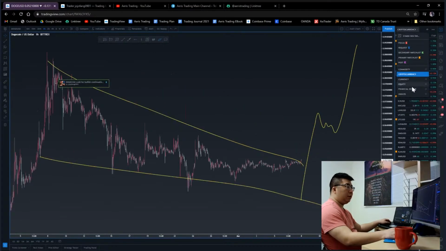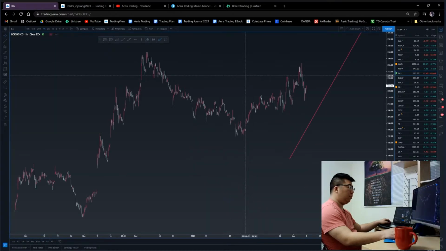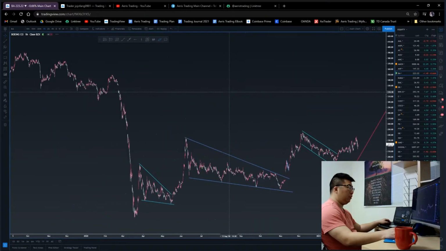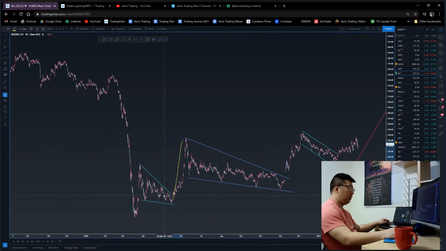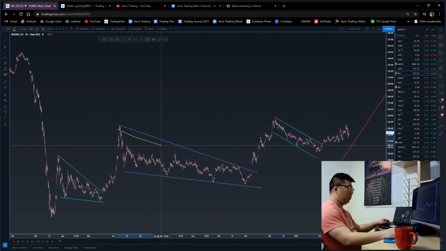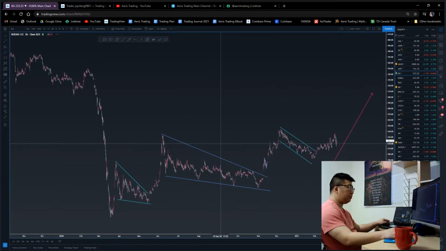This is similar, I want to say, to Boeing. I think with Boeing we had a similar move. Something like this, when we have price break up and then a longer period of consolidation, and then eventually price pushes to the upside followed by a correction.